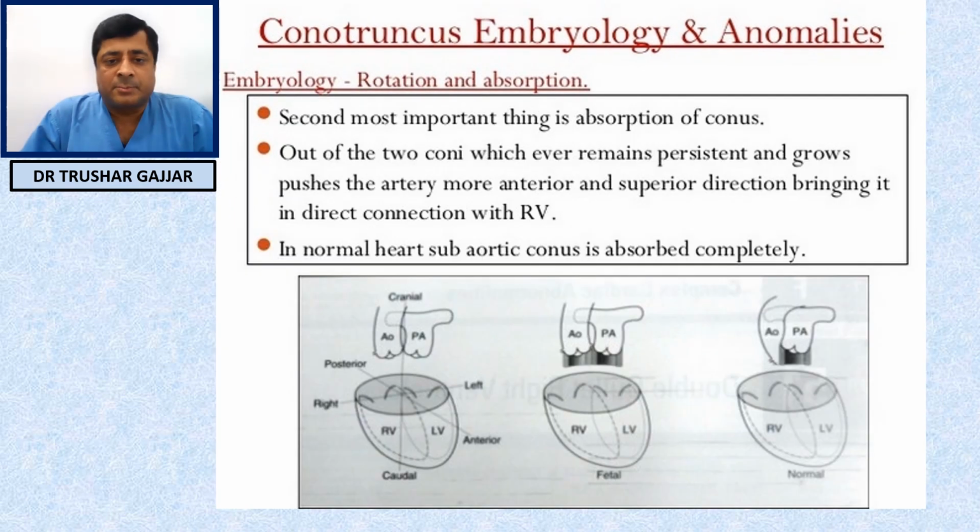The second most important thing that happens in conotruncal development is the absorption of the conus. Initially, there are two conuses beneath each outflow tract. If you see here, there are two conuses. Conus is nothing but a part of the bulbotruncal junction, the bulbo-conoventricular junction.